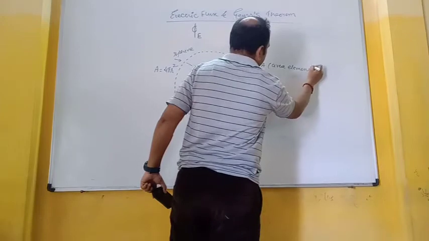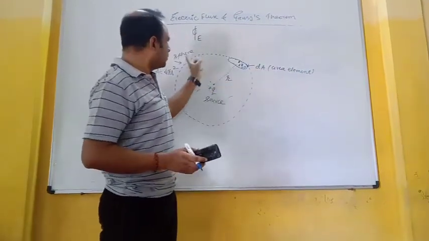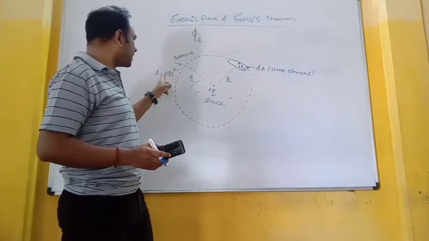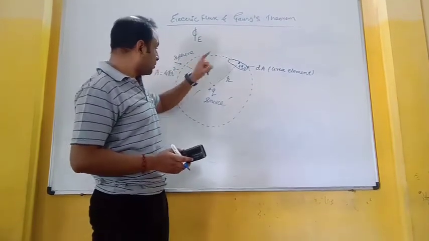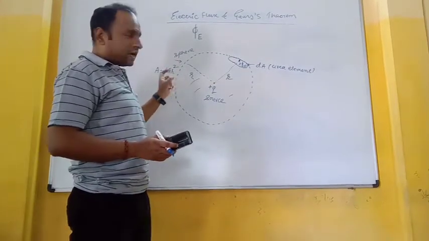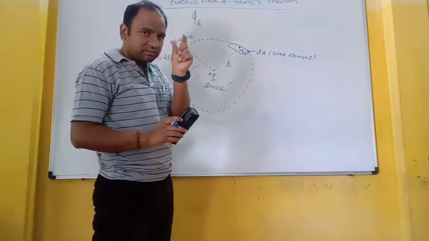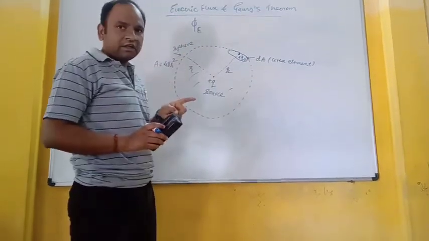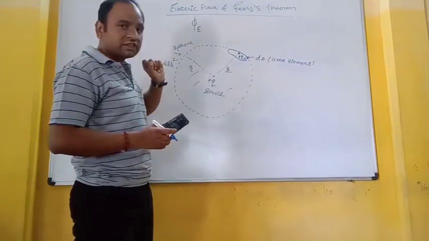It is a very small part of the whole sphere having area A equal to 4 pi r square. I know the area of the whole sphere, but I don't know the area of this area element, because it is a very small part of the sphere.